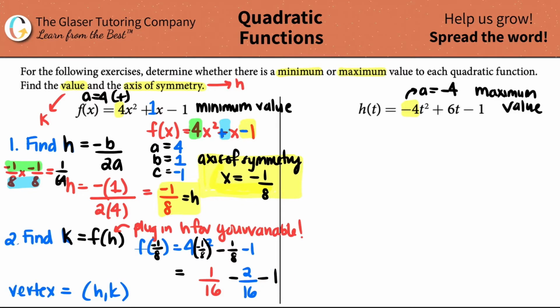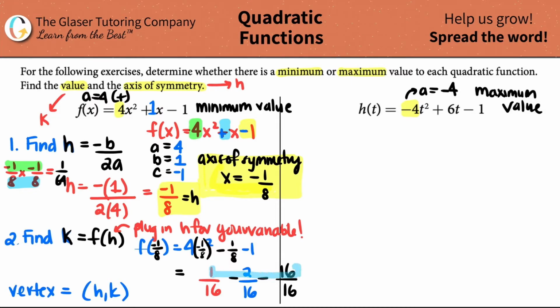Now, anytime that you need to put a whole number into a fraction, you just say the same number that you want for the denominator as the numerator. So I want it to be a 16, so I just put a 16 on the top. 16 divided by 16 is 1. So now I have a good common denominator.